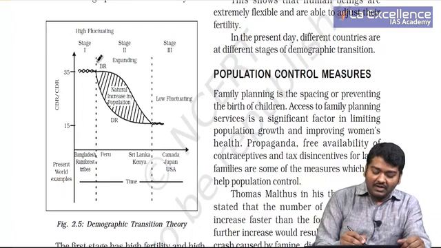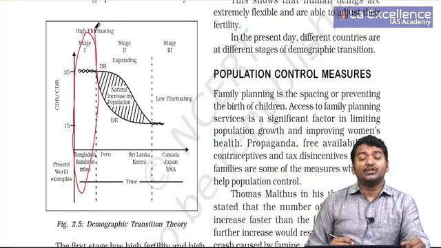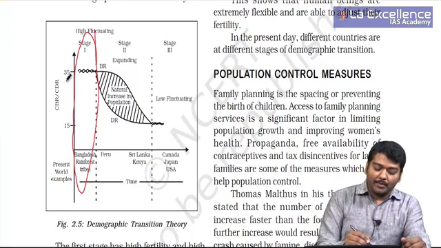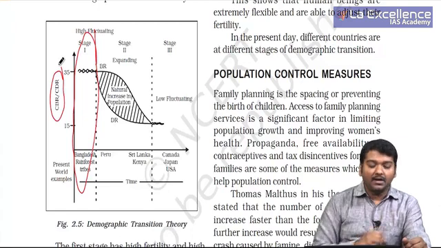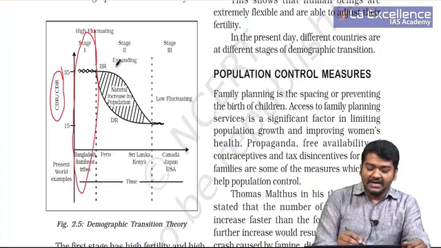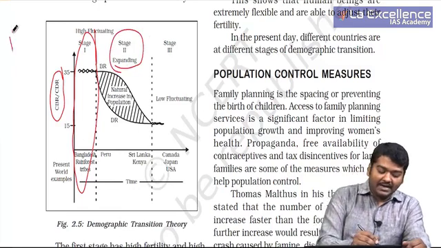So here we usually talk about the 3 stages. Whenever the birth rate and death rate are both high, usually the population keeps on increasing. Example, Bangladesh, right? The second stage is, there will be a high birth rate but a low death rate.